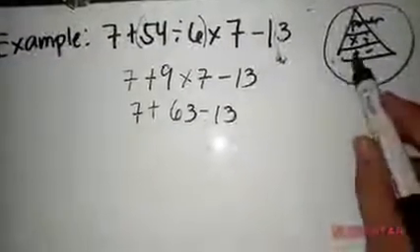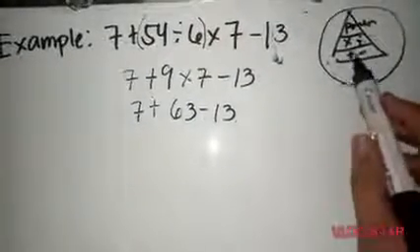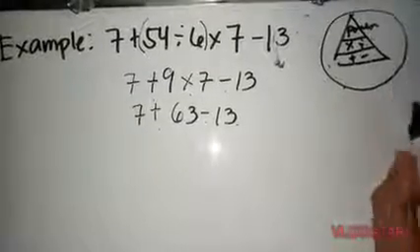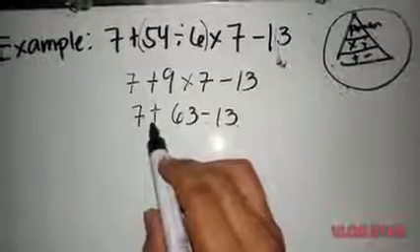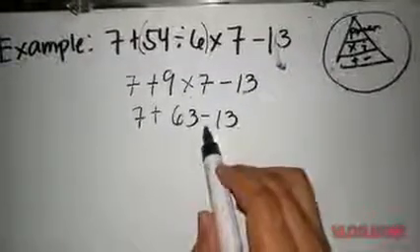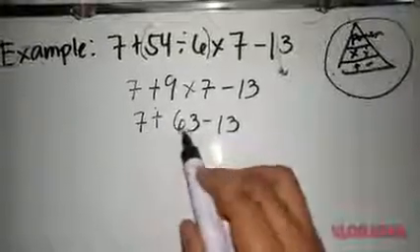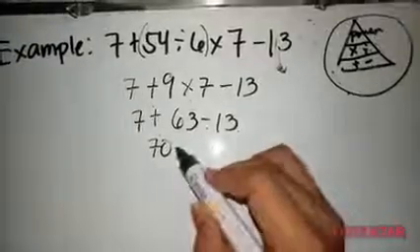In this level, addition and subtraction lie on the same level and have the same level of priority. Since addition comes first before subtraction, we will add first. So 7 plus 63, the answer is 70. Then copy minus 13.